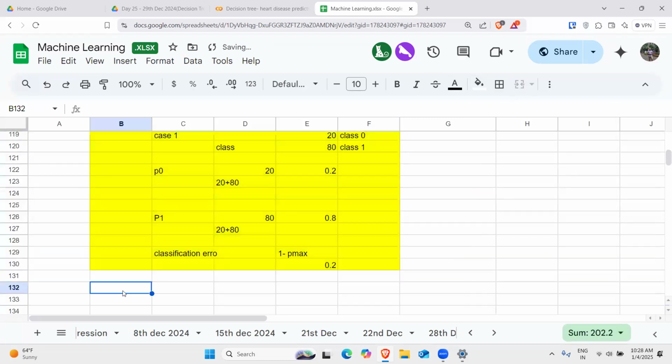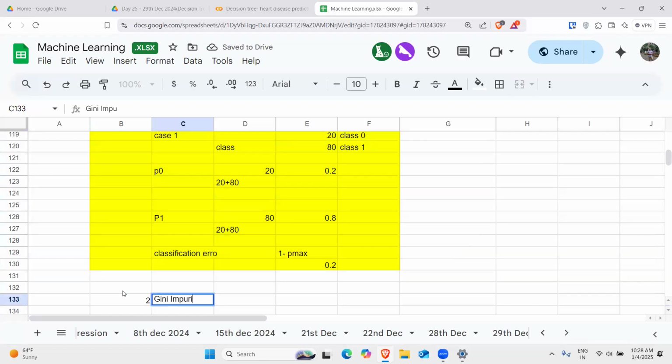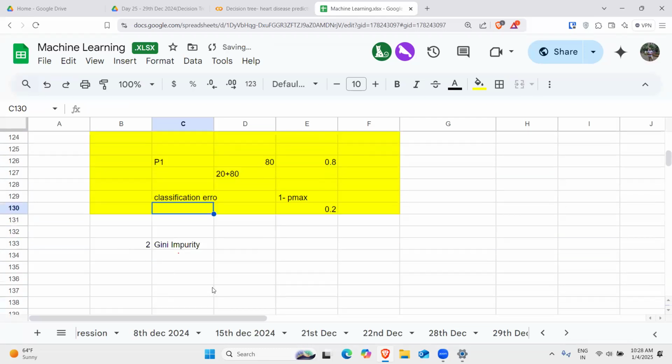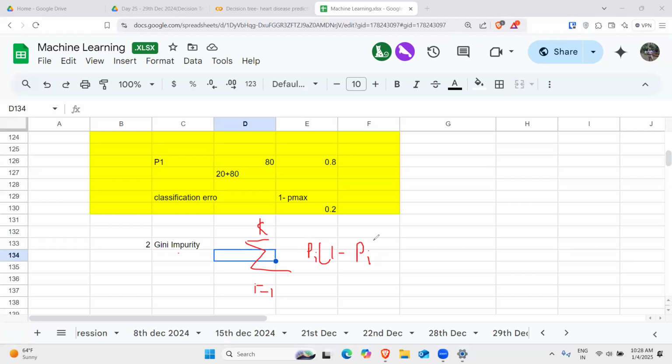Second is Gini impurity, right? The second measure that we have is Gini impurity. And what is that? It's the summation for i equals 1 to n of probability of i into 1 minus probability of i, right?